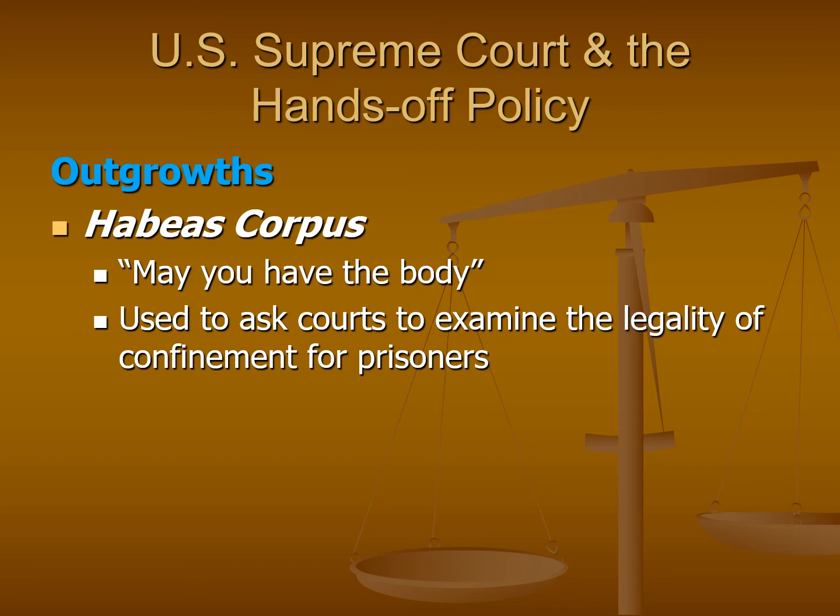So we started to see writs of habeas corpus used to ask courts to consider whether their right to religion was being infringed, whether the way they were searched or had material taken from them, even in their prison cells, violated their Fourth Amendment rights, whether the conditions of their confinement violated their Eighth Amendment rights, and things of that nature.